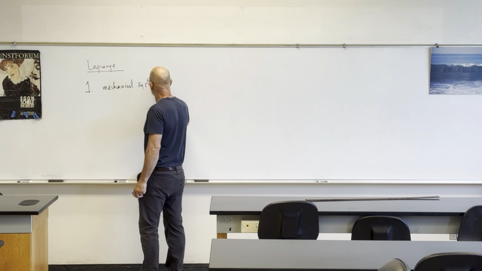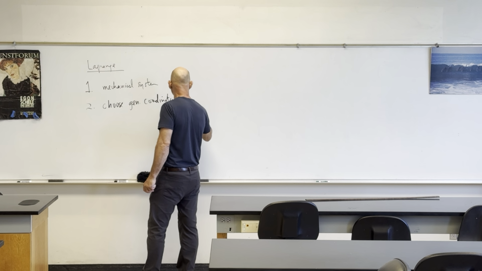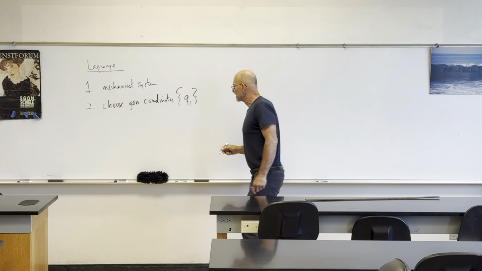Second of all, we have to choose the useful set of generalized coordinates. Choose generalized coordinates. Let's say the set of q sub i, right? They have to be independent, and they have to make it possible to solve them.